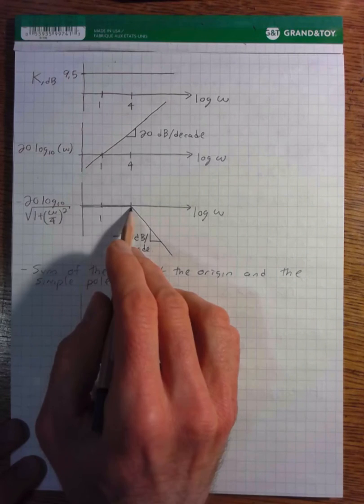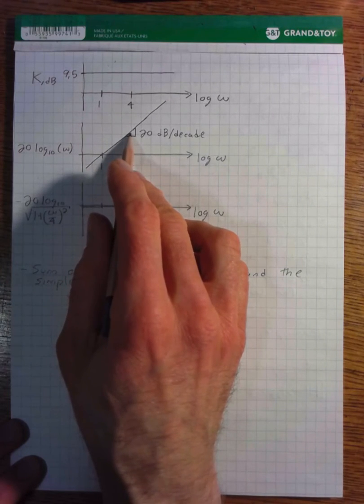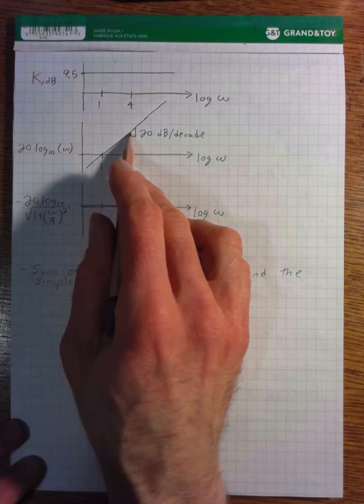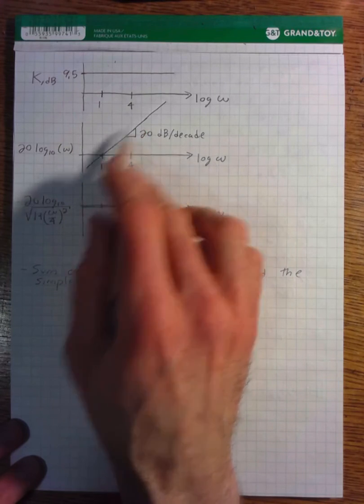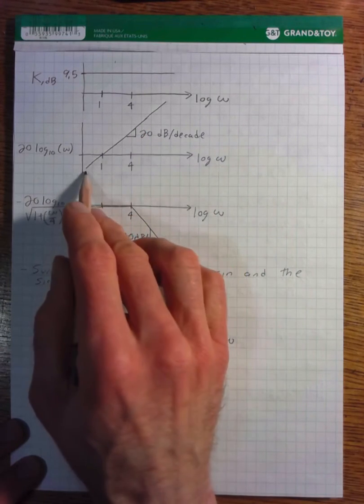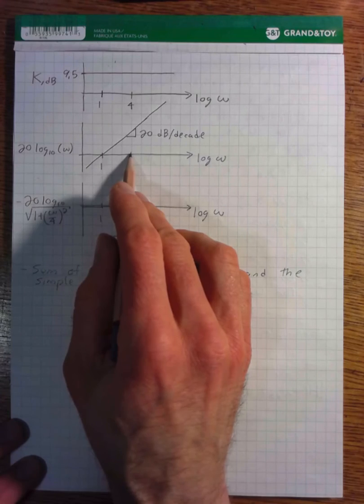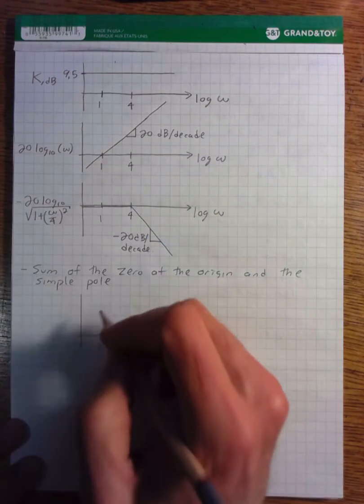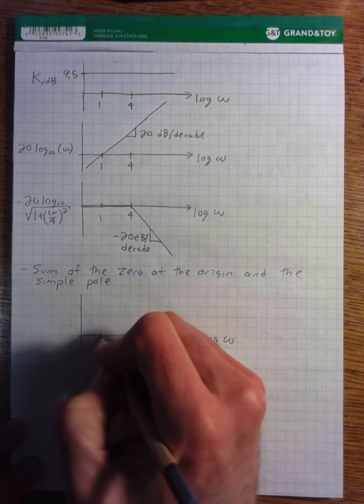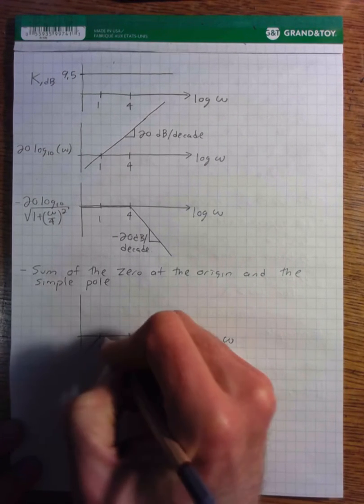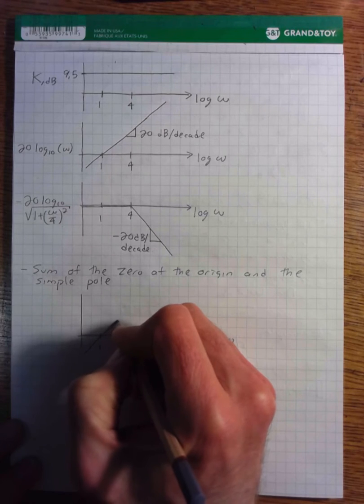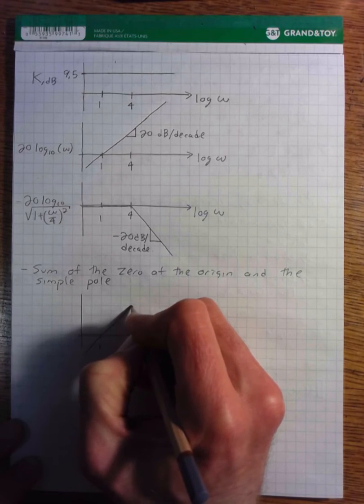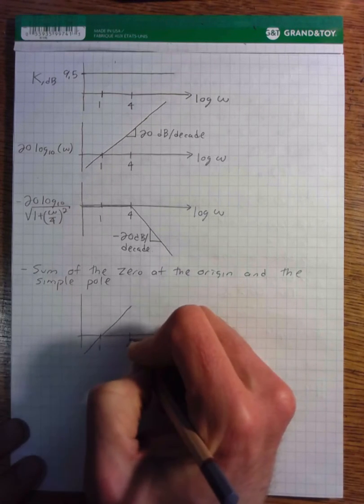So if we add 0 to whatever's going on with our positive line here, we just get the positive line. So for frequencies less than 4, we just have exactly the curve up here. And it crosses through 1, has a slope of 20 dB per decade, and it goes all the way up to the corner frequency of 4.